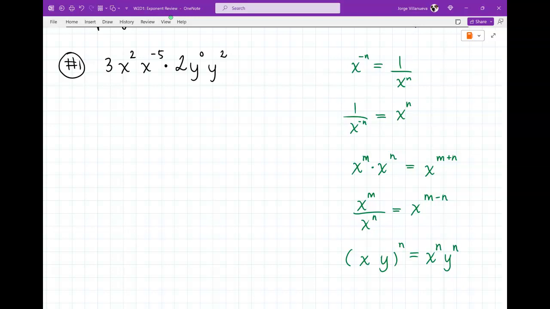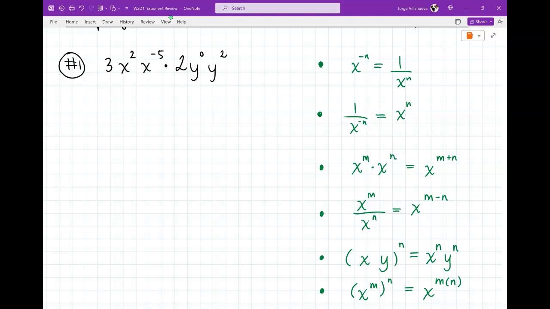Okay, and then the last thing is going to be powers to powers. So if you have x to the m to the nth power, it's x to the m times n. All right, so those are all the properties. I'll put kind of dots right here so you can see where they start off. But in order to do this, you're going to have to know all these properties for today.